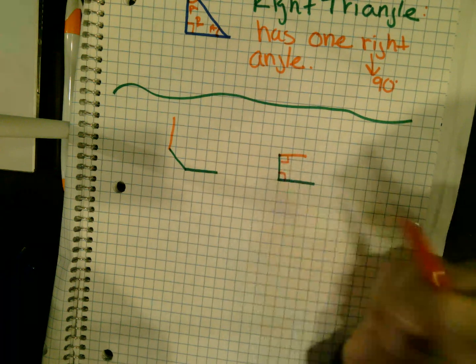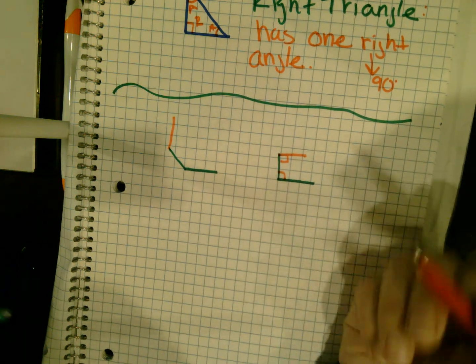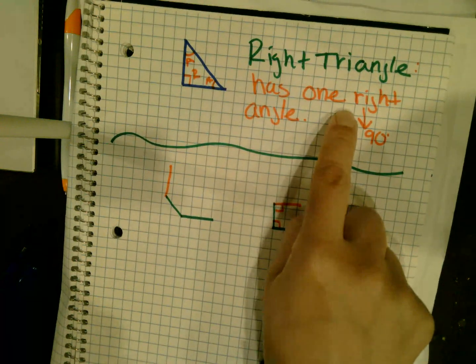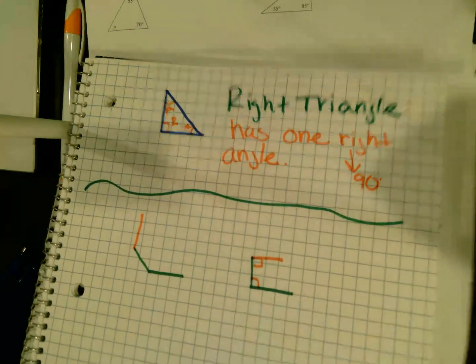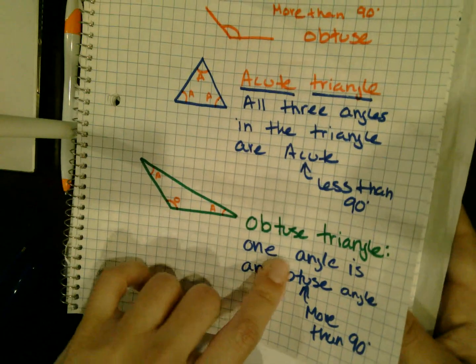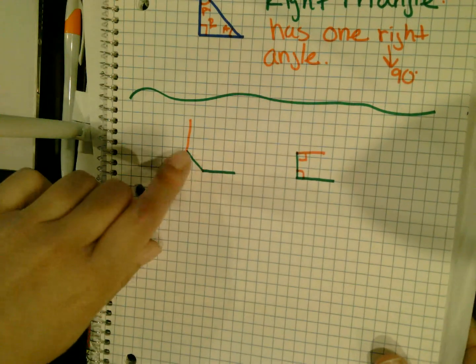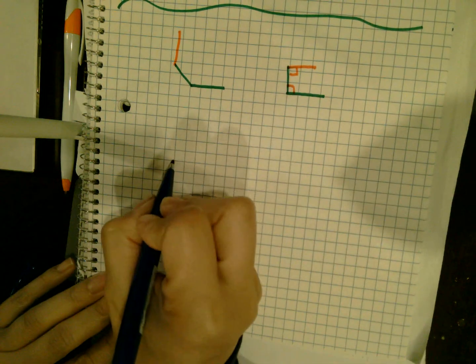Can I have two 90-degree angles in a triangle? No, right? You end up with a shape that has more than three sides. So therefore, that's why you can only have one 90 degrees to call it a right triangle. You don't need two because you can't do it. And that's why we only have one obtuse angle, because you can't have two obtuse angles because it doesn't end up being a triangle. So therefore, that's why the rule is only one obtuse and one right angle needed to call the whole thing.